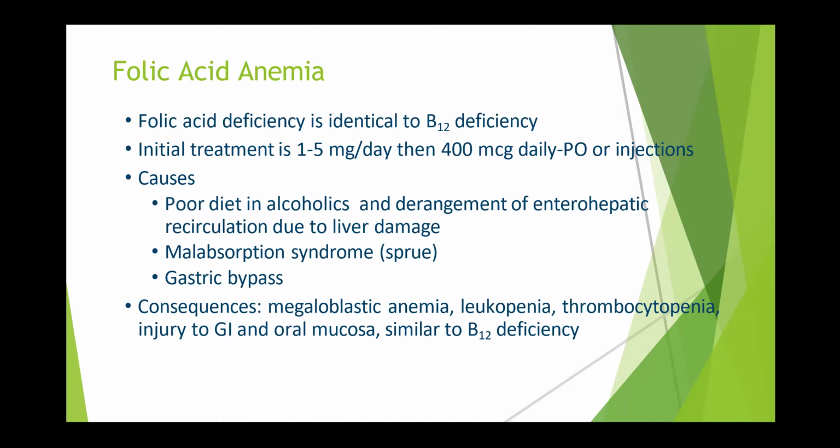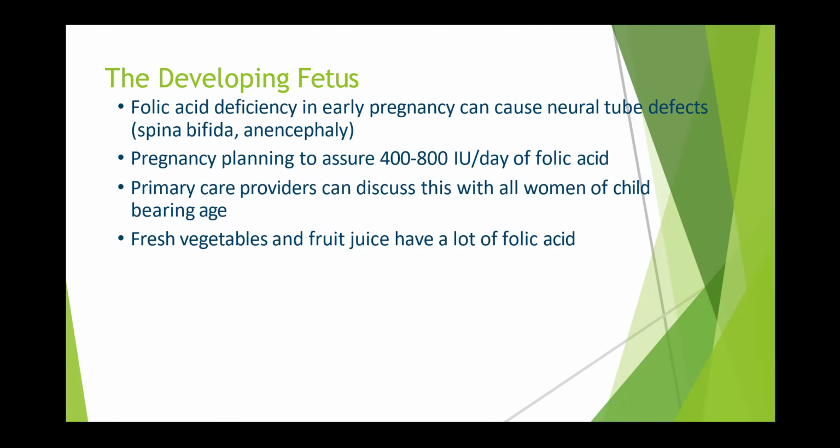So, what are the consequences of not enough folate? Megaloblastic anemia, also leukopenia, thrombocytopenia, injury to the GI and oral mucosa, kind of like the B12 deficiency that you see. In a developing fetus, if there's a folic acid deficiency in early pregnancy, that can cause severe deficits like neural tube defects, spina bifida, anencephaly.